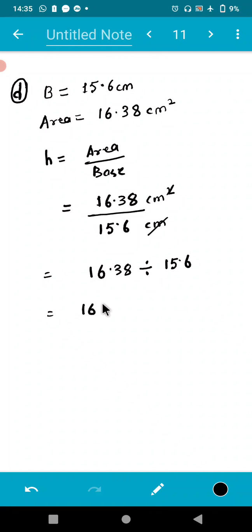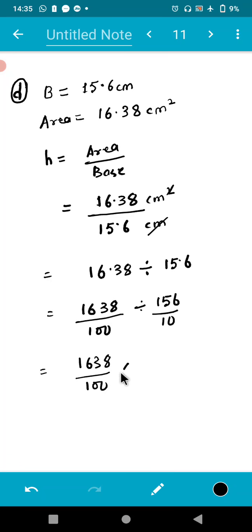Now, convert the decimal form to a fractional form. This way, now replace the division sign with the multiplication sign, that is 10 by 156. Now simply reduce it into the lowest form.